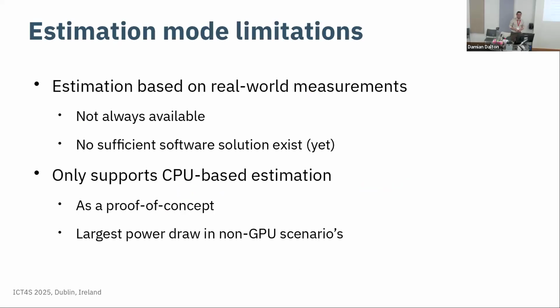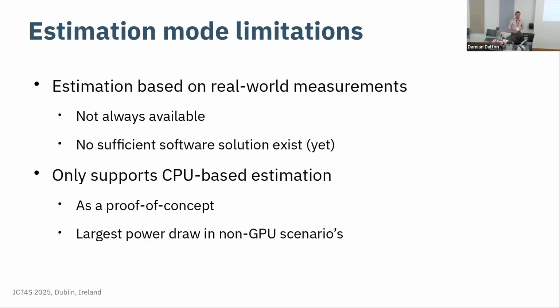Of course, there are some limitations to our estimation mode. It is based on real-world measurements in this case, and those are very often not available. Think, for example, of a cloud environment where you get a Kubernetes cluster on demand. In that case, you have no real access to the underlying servers.